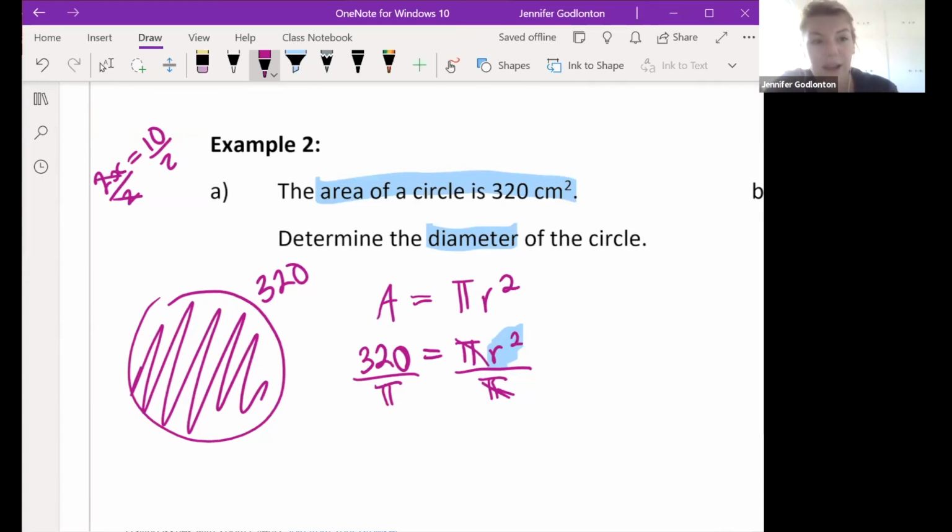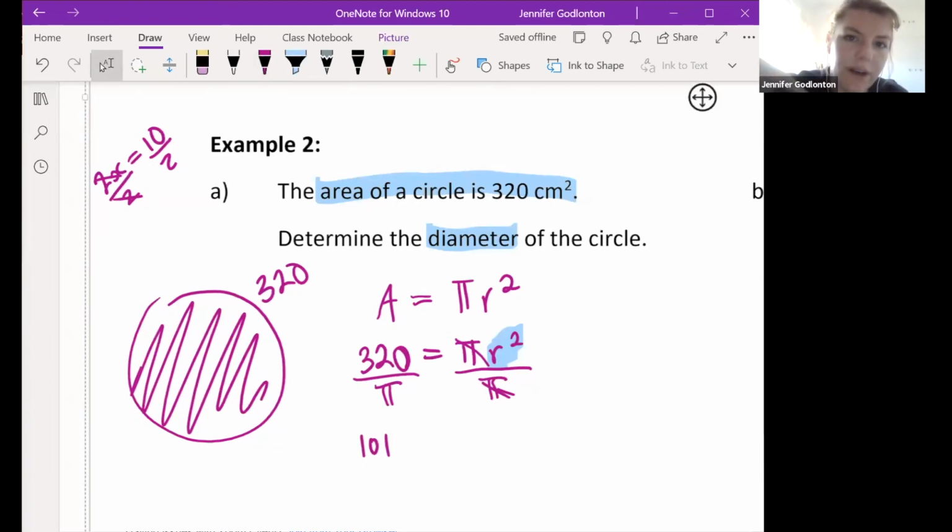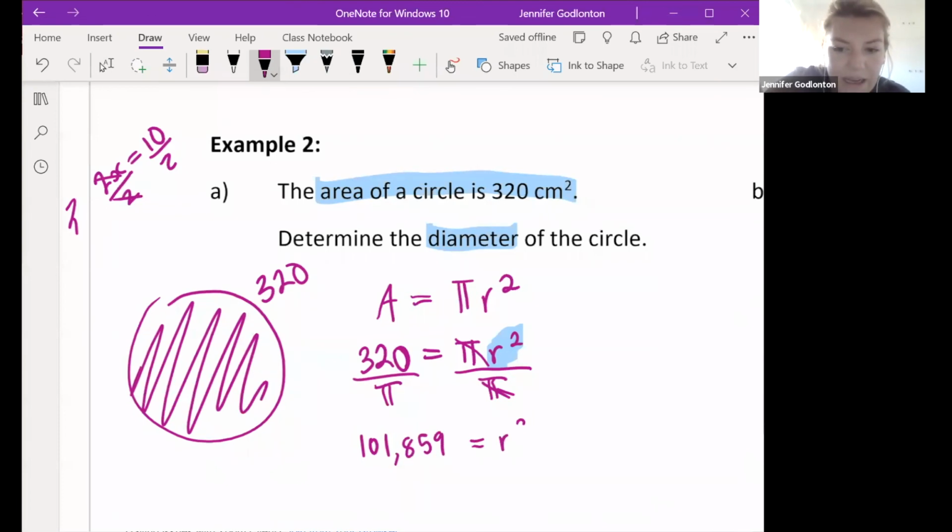Then I'm going to put that straight into my calculator: 320 divided by pi, and I'm going to get this answer. I'm going to write a few decimal places: 101.859 equals radius squared.